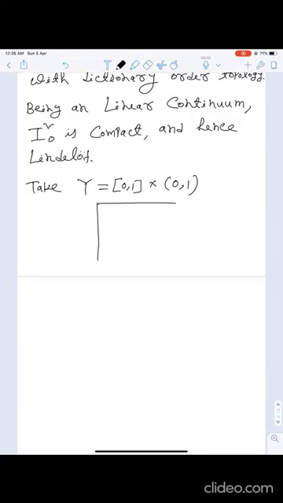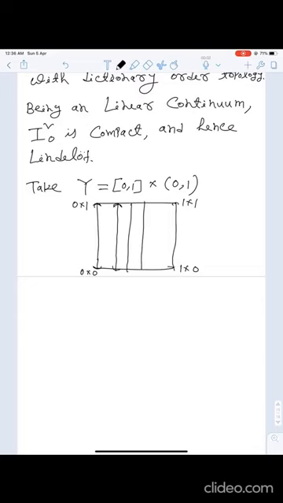This was my ordered square. So (0, 0), (1, 0), (0, 1), (1, 1). Now we have taken all of this strip, this one. So we have taken all of these possible strips for each x. We consider this.